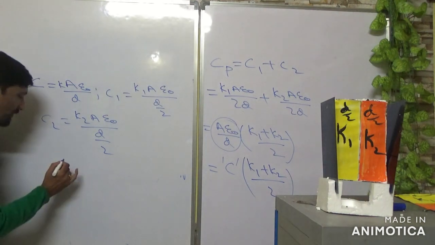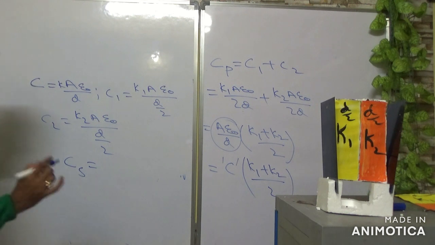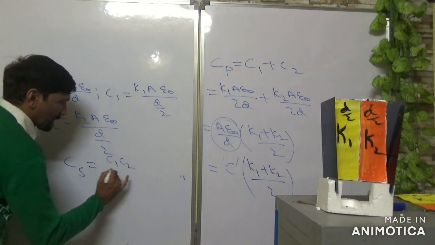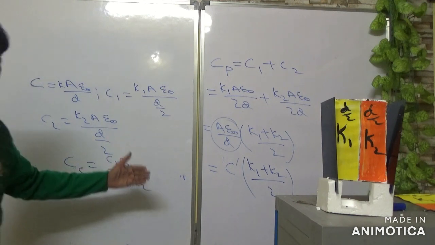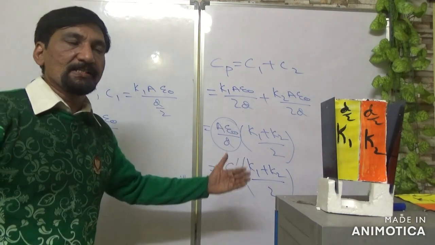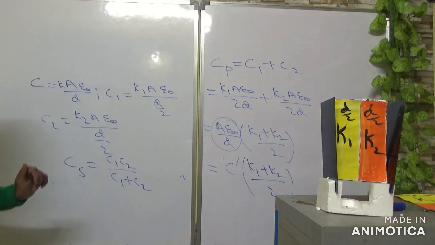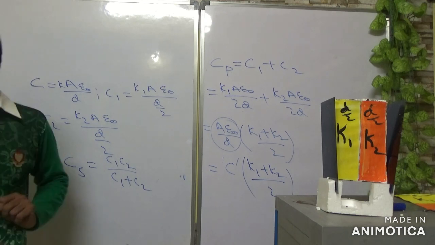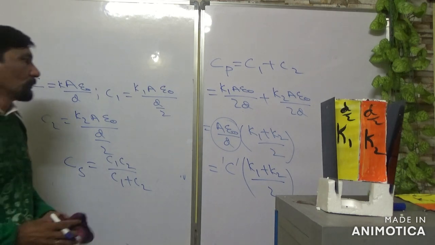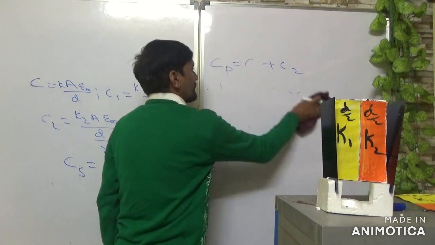So whenever two capacitors are joined in series, 1 by Cs is equal to 1 by C1 plus 1 by C2, that is, Cs equals C1 C2 by C1 plus C2. Already we know that these two are divided into two capacitors, right?